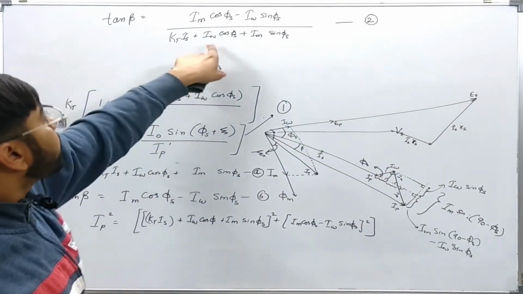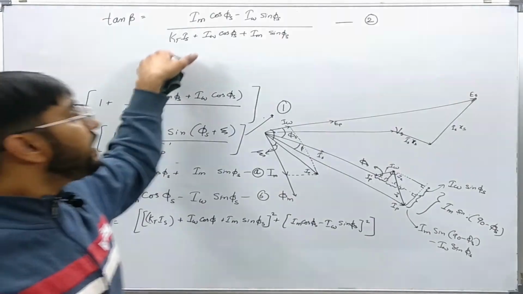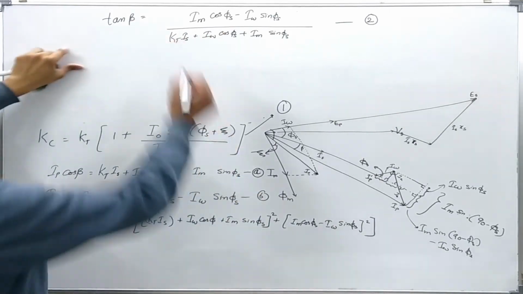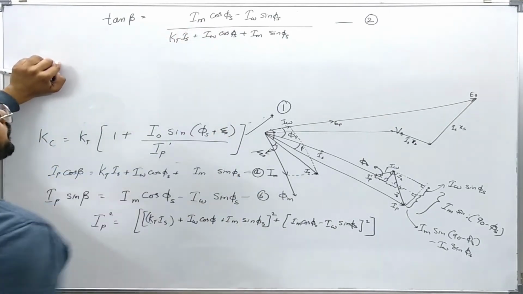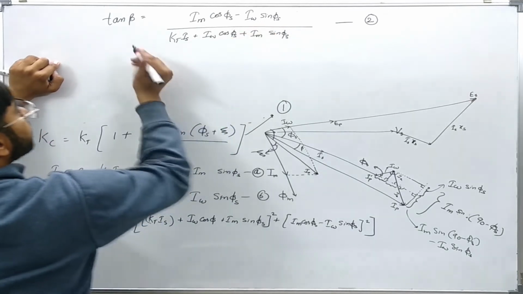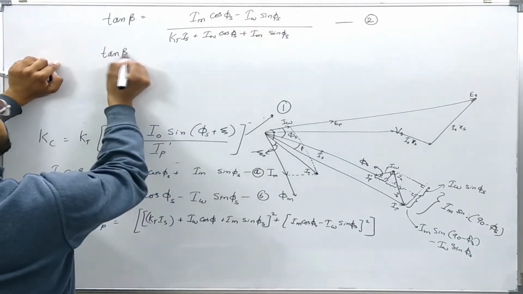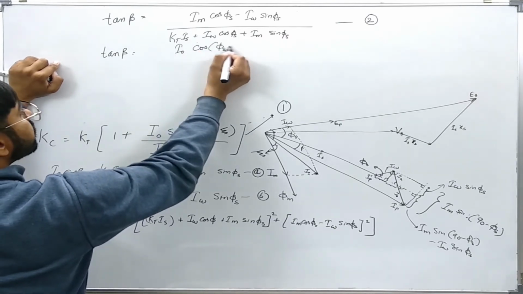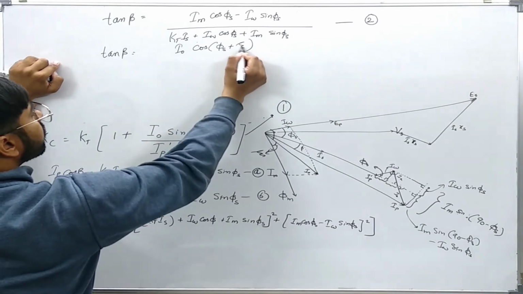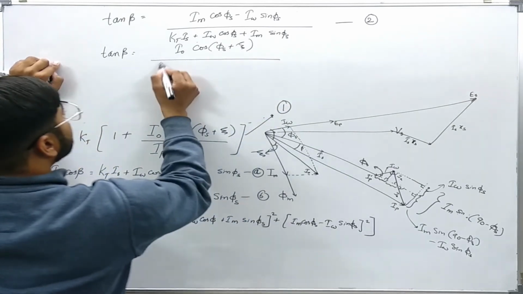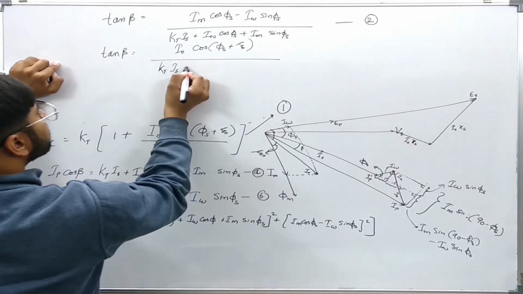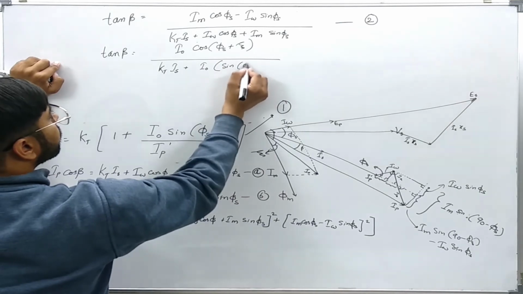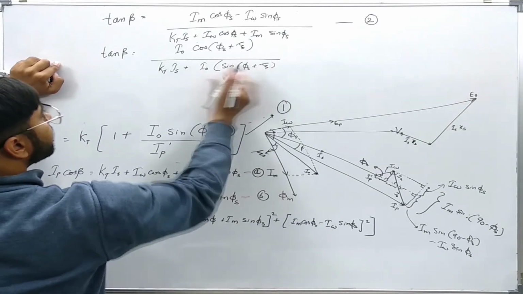Now I can further simplify this equation, that we will do in the next slide. This can be simplified by using zeta. So I_m is nothing but I_0 cos zeta and I_w is I_0 sin zeta. So tangent beta can be written simply as I_0 cos(phi_s plus zeta) over K_t I_s plus I_0 sin(phi_s plus zeta).